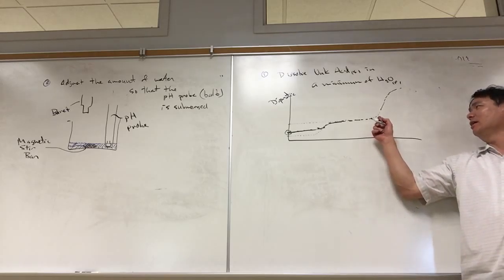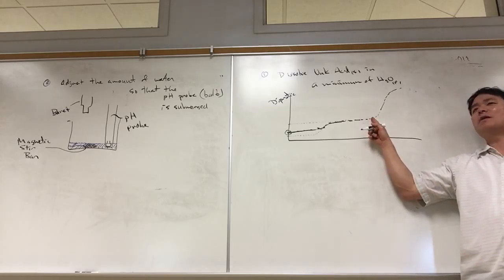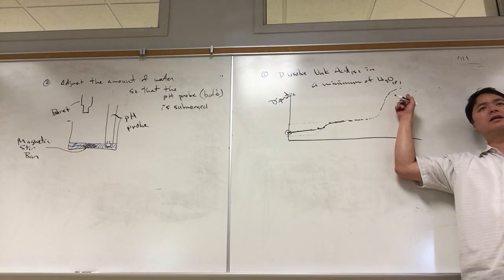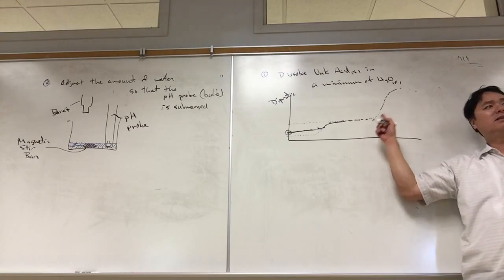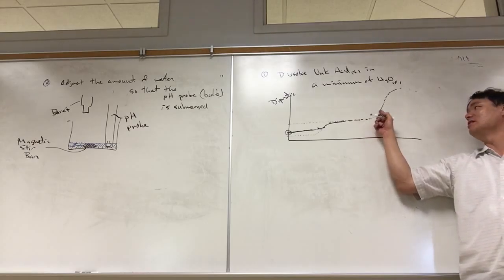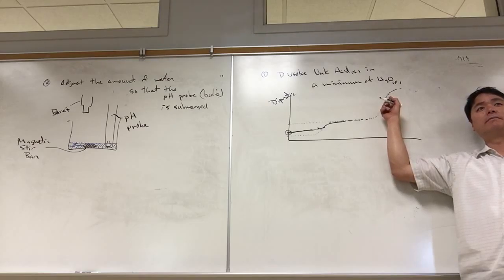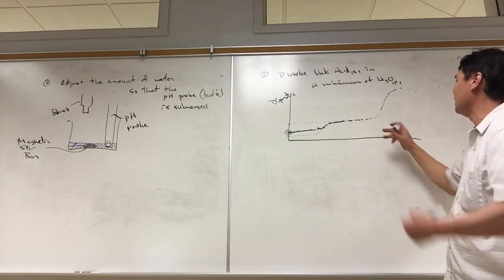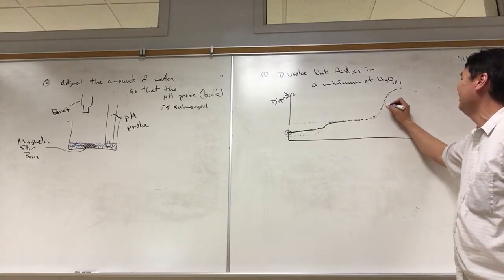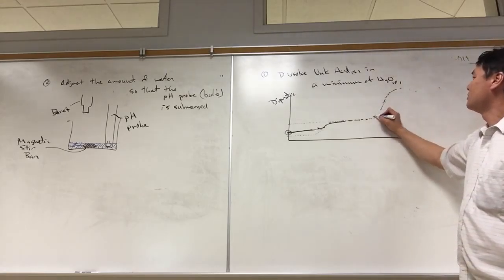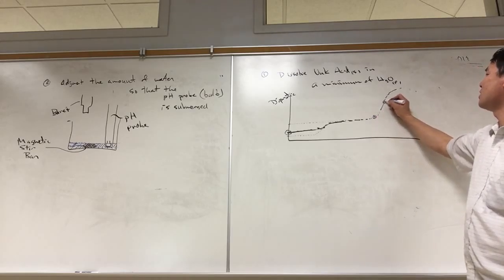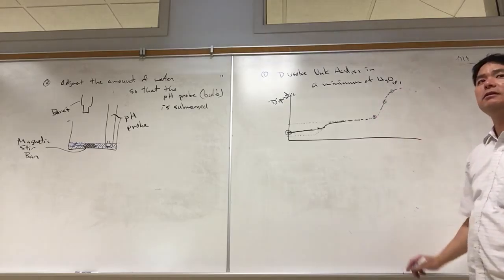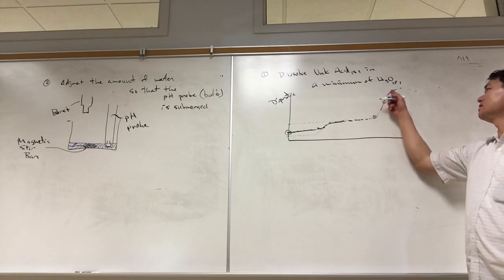Because let's say we take a reading here, 1 drop here, and then 5 drops later we take another reading, then we might miss this entirely. This is going to happen within 1 or 2 drops. So something like this, we have a drop here, and then a drop here, and a drop here, and it's done. And so we've got to catch this.